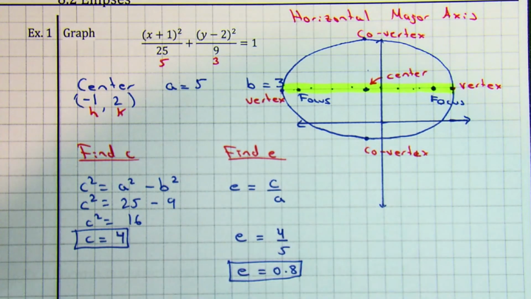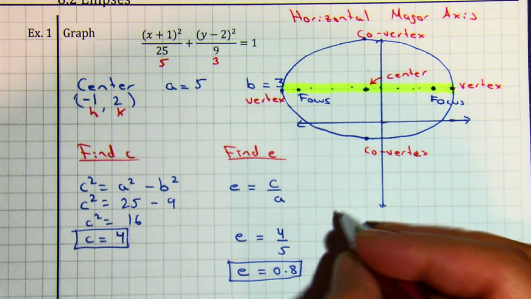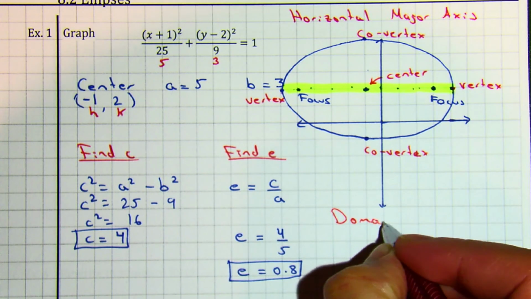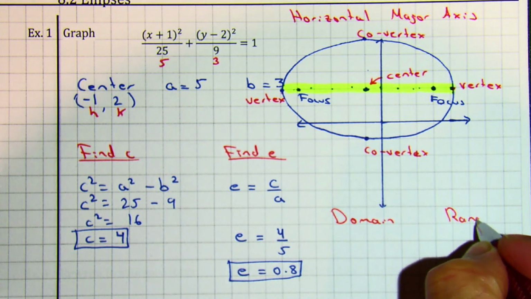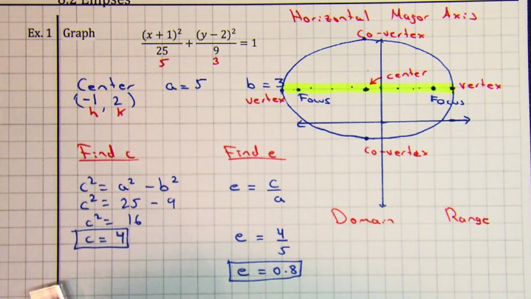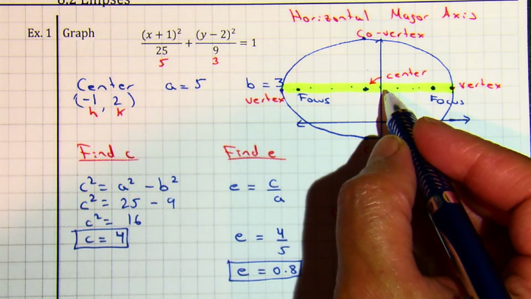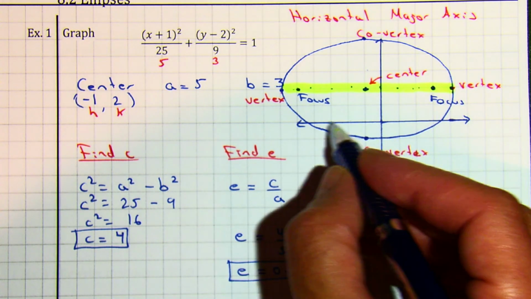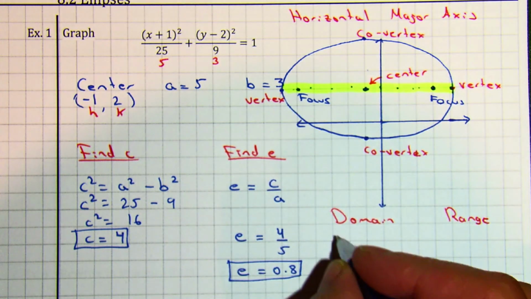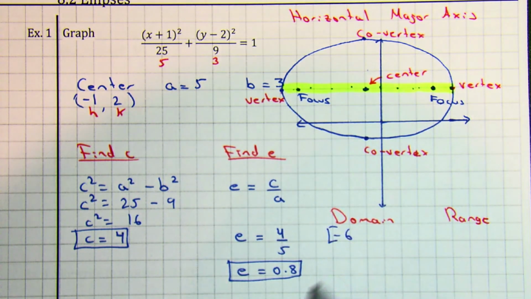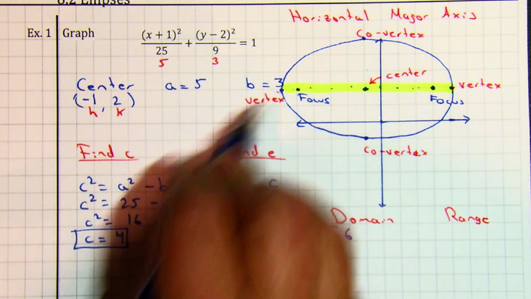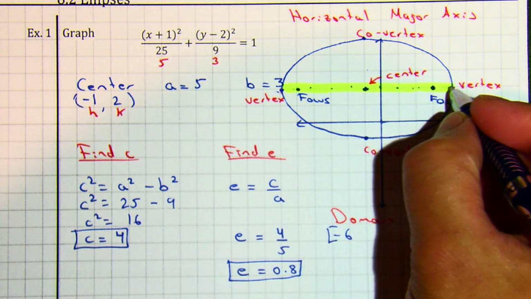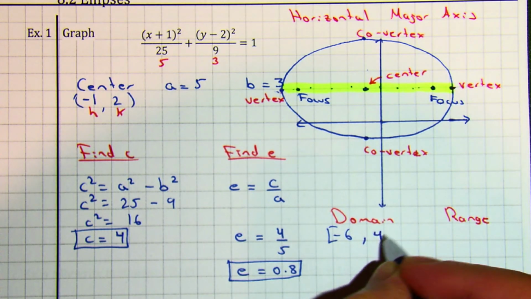And my domain and range. My domain are my x values that correspond to the ellipse. So it'll be from -6, including -6, because we are reaching that number, all the way up to 4, including 4.